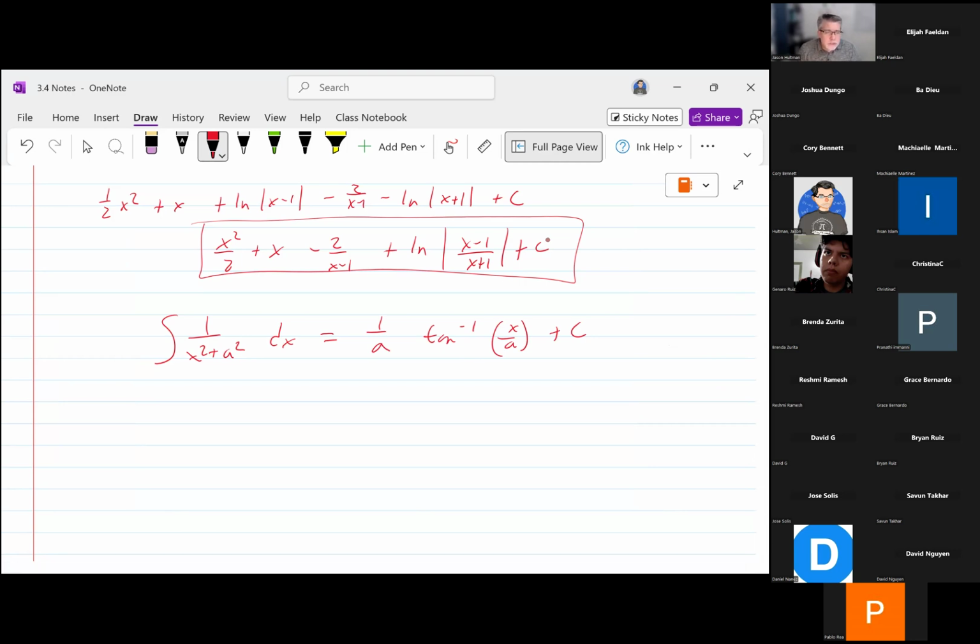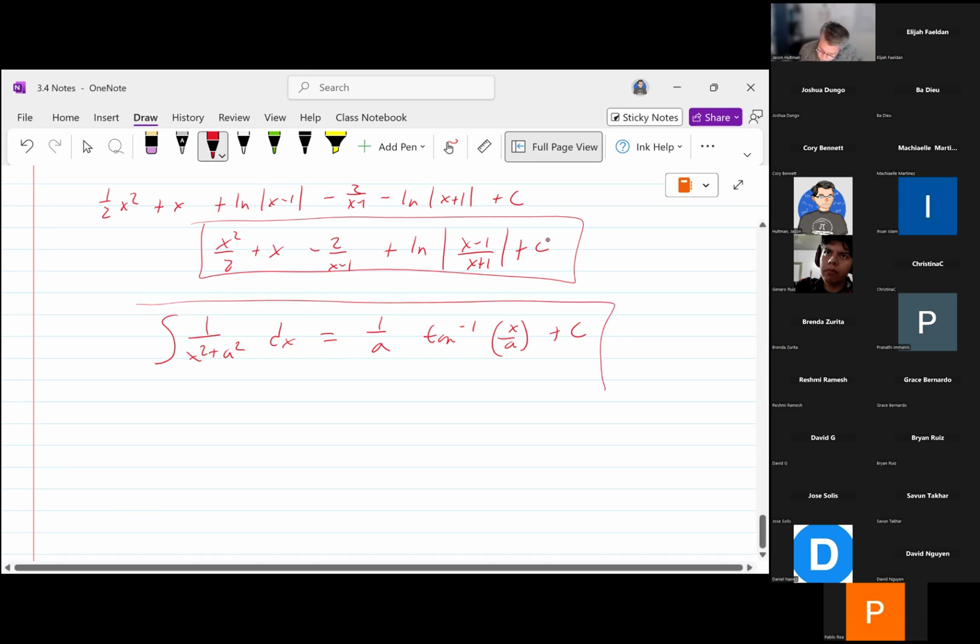Basically, what we do is we multiply both top and bottom by 1 over a squared. So if I were to multiply both top and bottom by 1 over a squared, I would go 1 over a squared over x squared plus a squared over a squared.